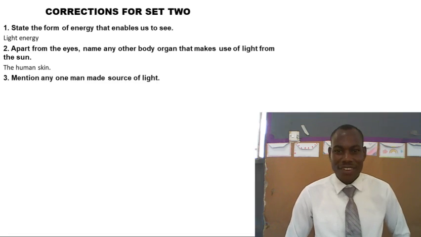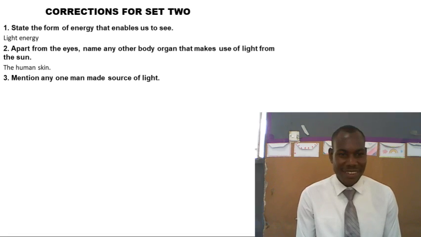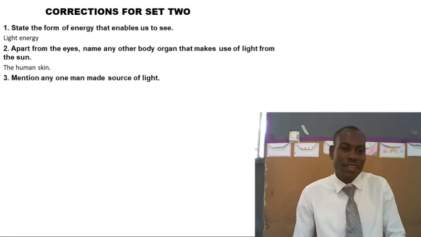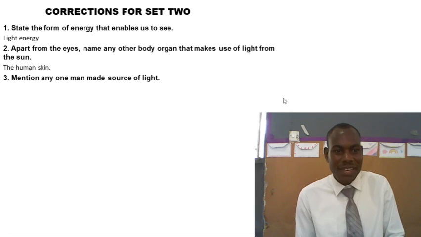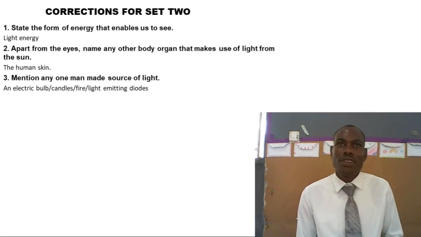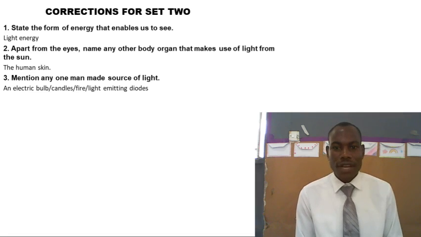Our third question was, mention any one man-made source of light. There are very many sources of light that are made by man. We have an electric bulb. You have a bulb at home. It is artificial because it's made by man. We also have candles.